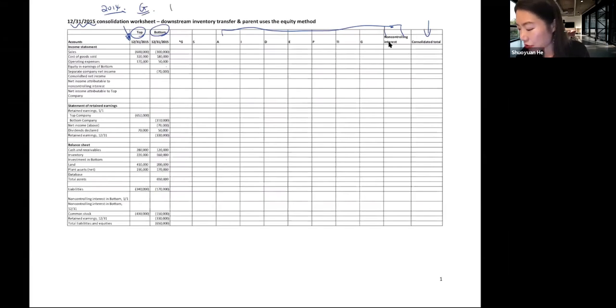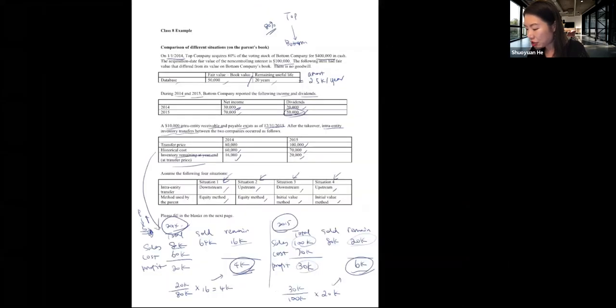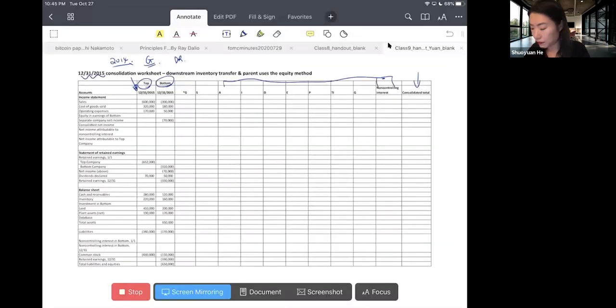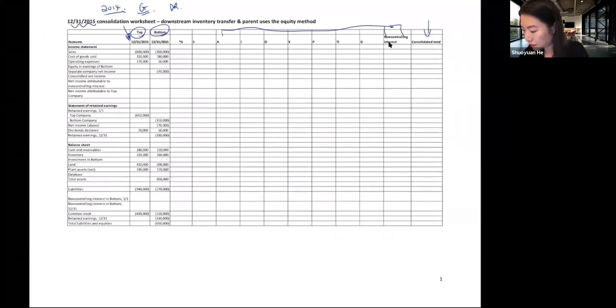That entry we have already calculated here. That entry G is literally, we need to defer the profit associated with the remaining inventory, which is 4,000. So the G entry in 2014 is to debit cost of goods sold for 4,000, credit inventory for 4,000.